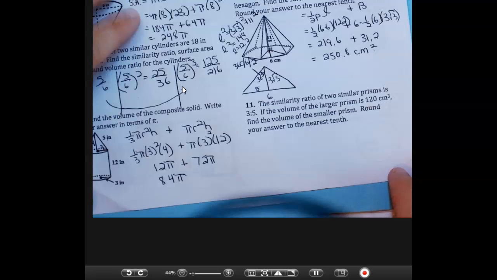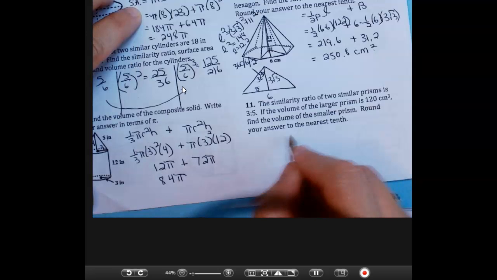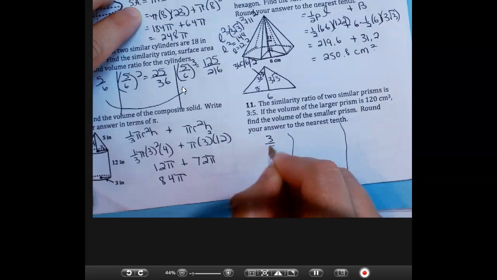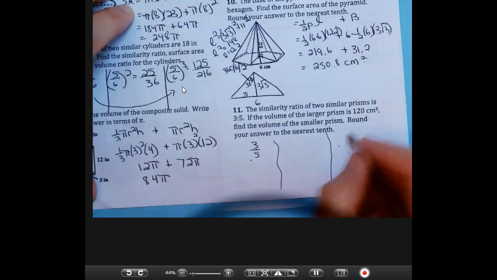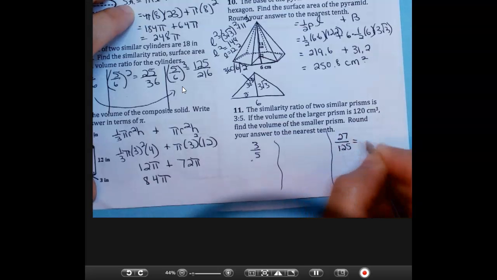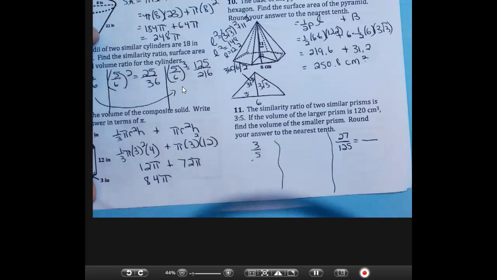Okay, number 11, looking for similarity ratio and then eventually the volume. So again, I'm going to set it up in those columns. Their similarity ratio is 3 to 5. They start talking volume, so I need to cube that. That would be 27 over 125. Tells me the volume of the larger.